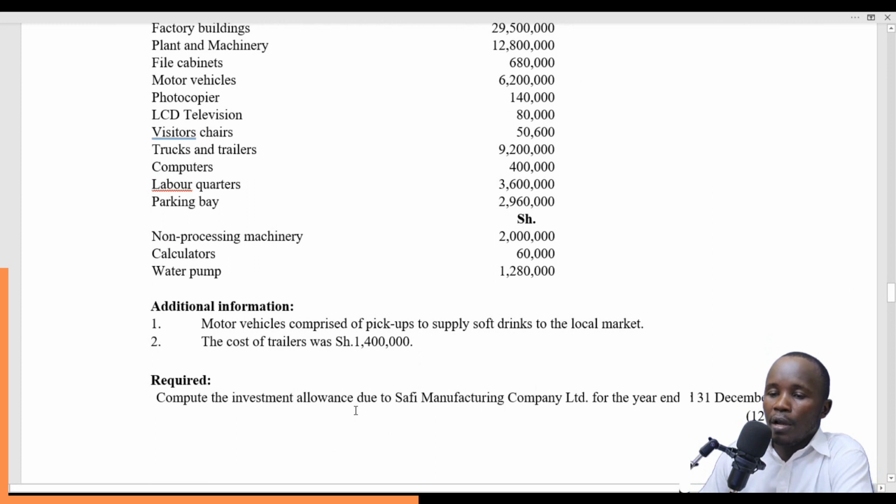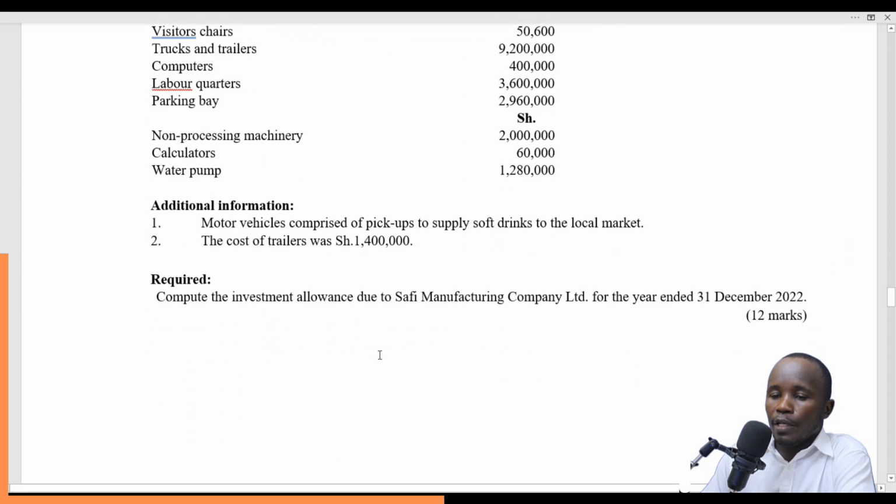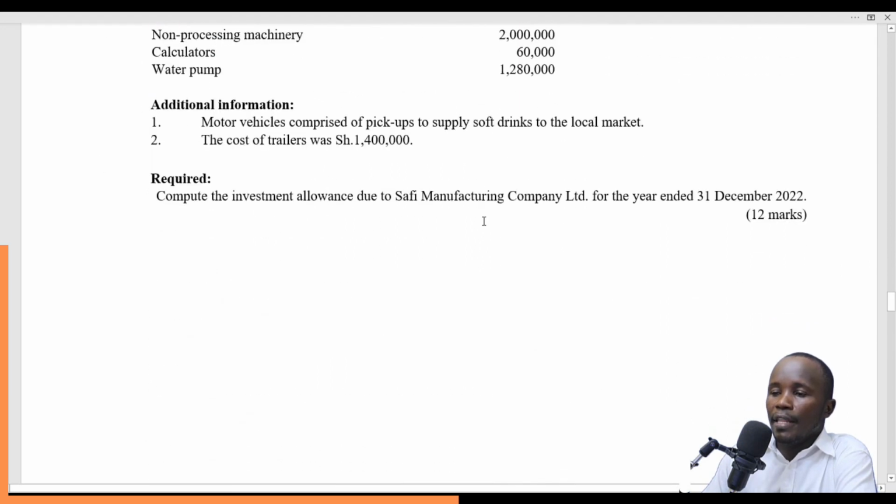Additional information: the motor vehicle comprises a pickup to supply soft drinks to the local market. Under part 2, the cost of the trailer was 1.4 million. You are told to compute the investment allowances due to Safi Manufacturing for the year ended 31st December. These assets were acquired on 1st January, and we need the position at the end of the year.